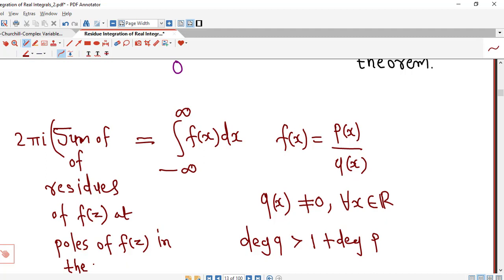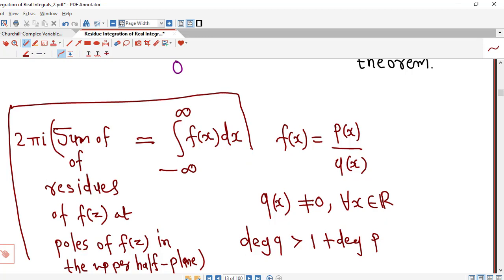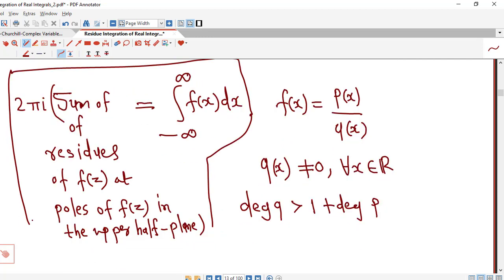So this is the formula which we have been applying for the last 4 or 5 lectures. I have discussed how this formula comes, so if you want to understand the method by which we derived this formula, you can visit lecture number 1 on residue integration of real integrals.